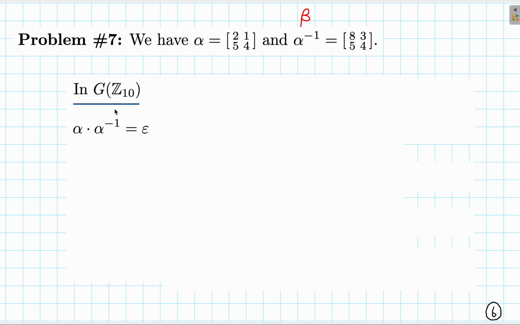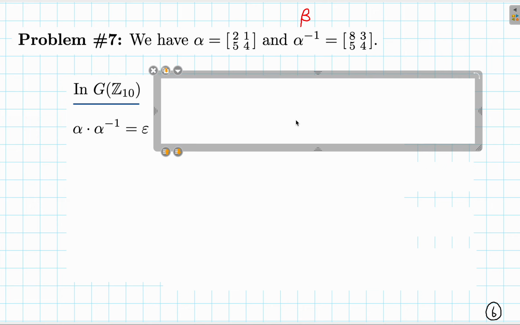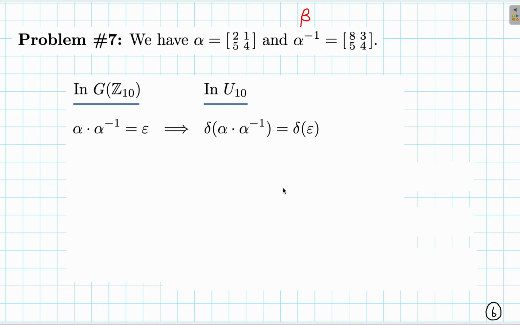Now, this equation occurs inside the matrix group G of Z10. Let's apply our determinant homomorphism, delta, to both sides of that equation. So now we have this equality in U10.